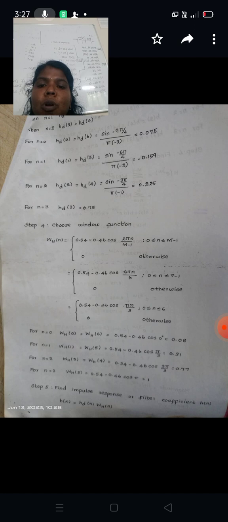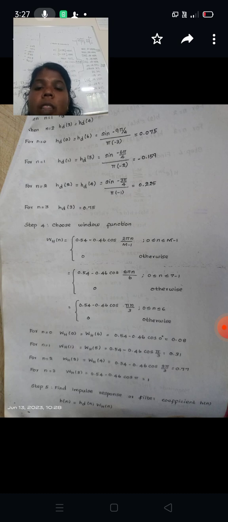Next, step 4. Here we have to choose our window function. In the question it is given as Hamming window. The formula for the Hamming window function is wh of n is equal to 0.54 minus 0.46 cos 2 pi n by m minus 1.